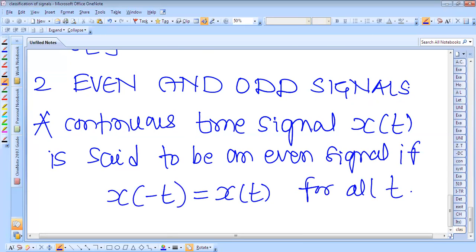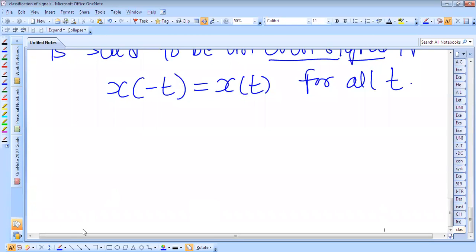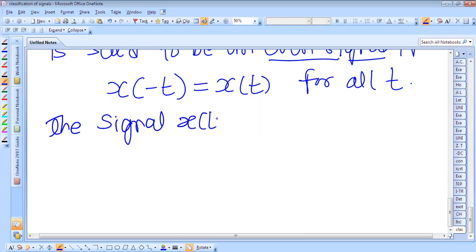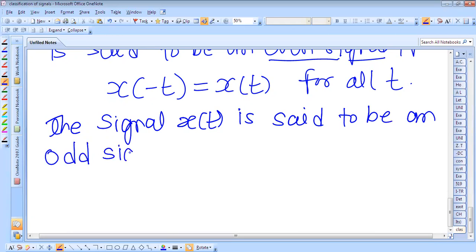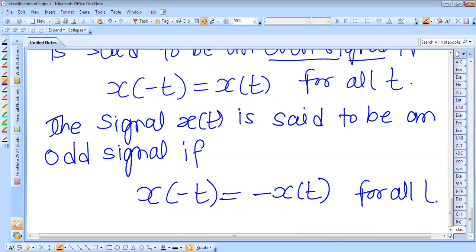If this condition is there, then this is an even signal, and the signal x of t is said to be an odd signal if x of minus t is equal to minus x of t for all t.